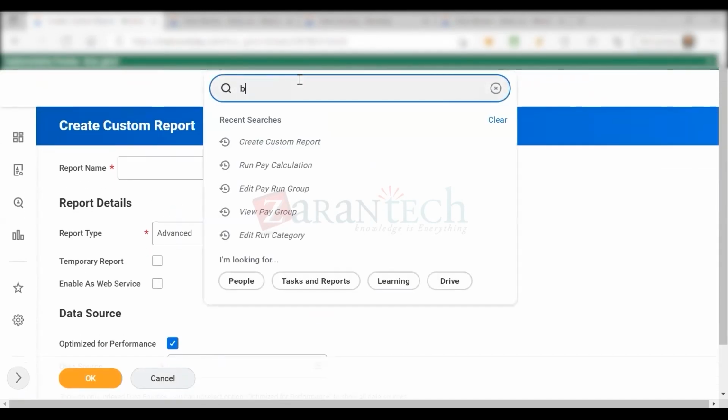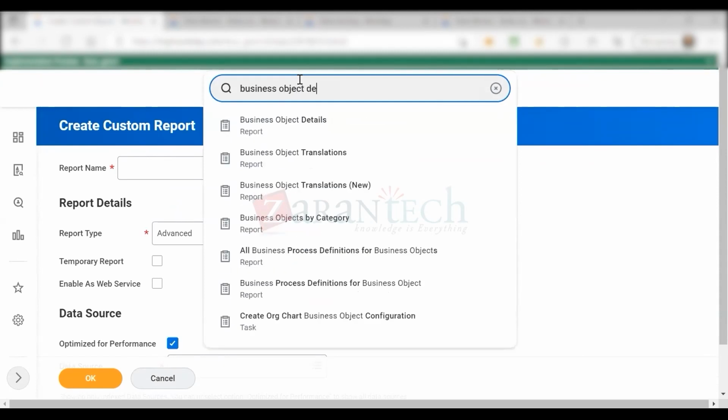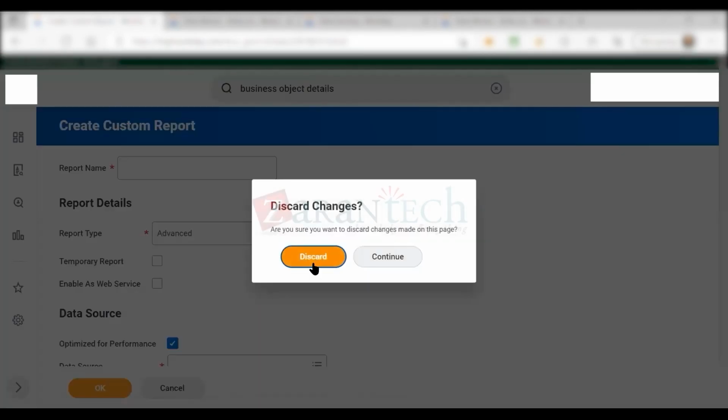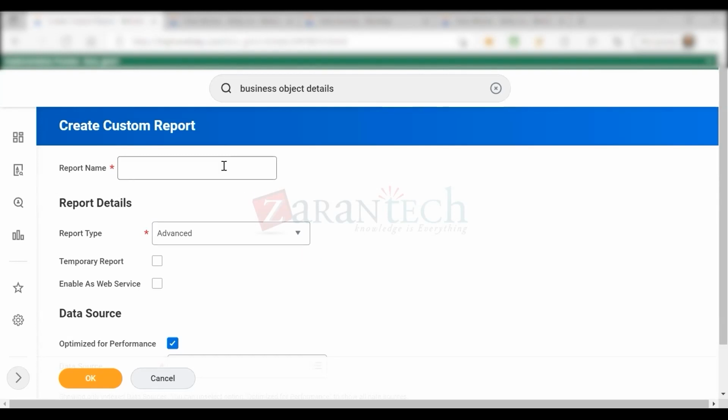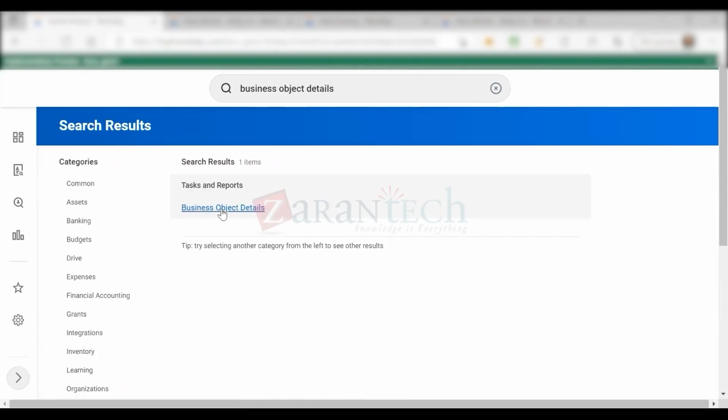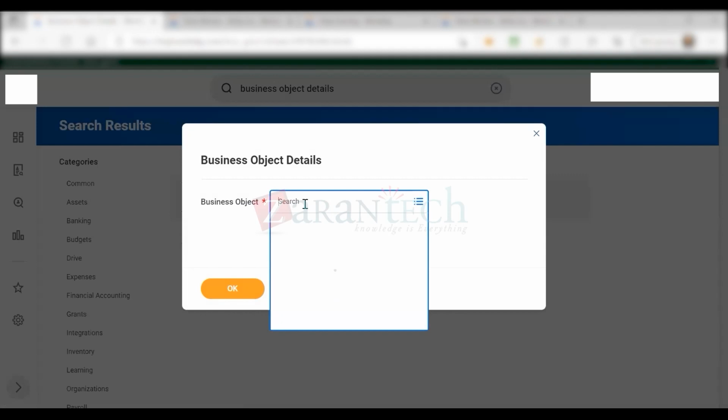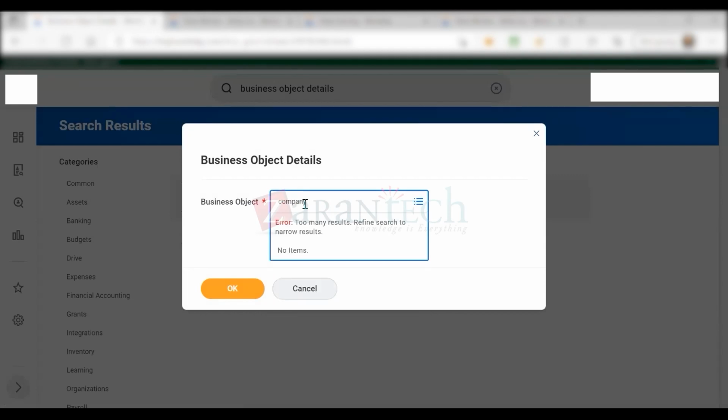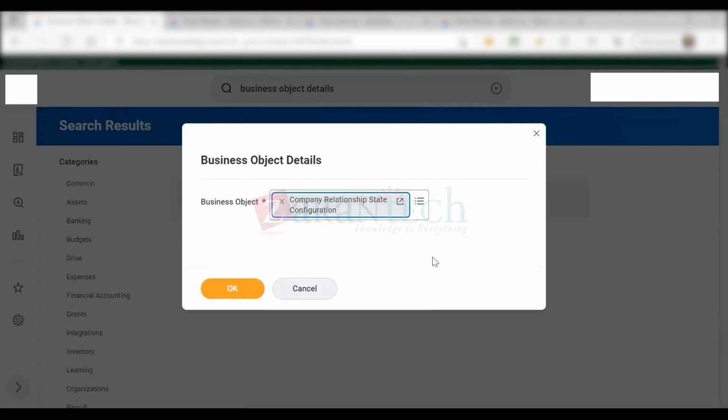Let's try this, business object details. State.